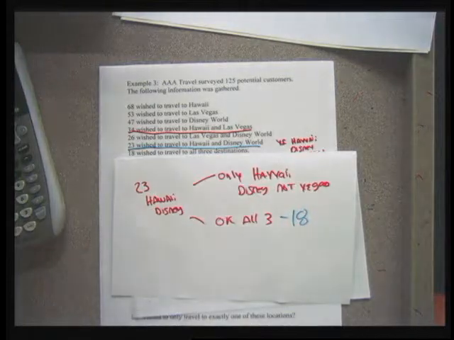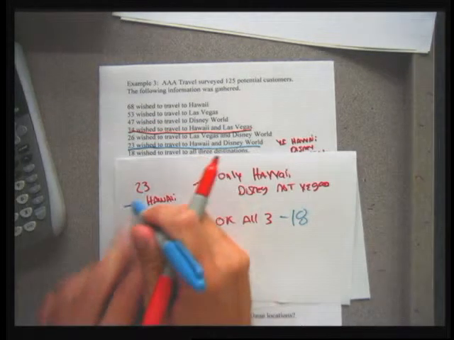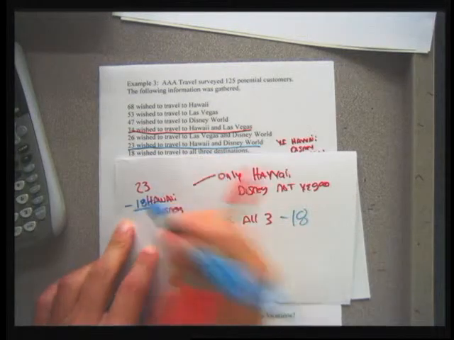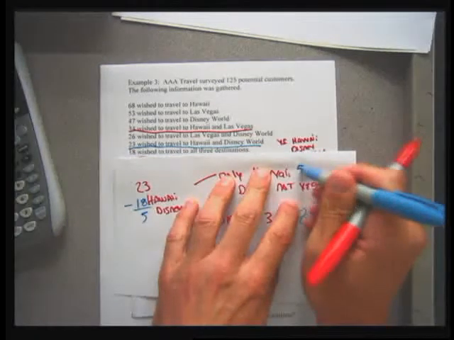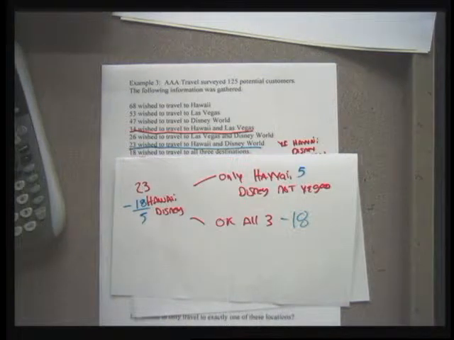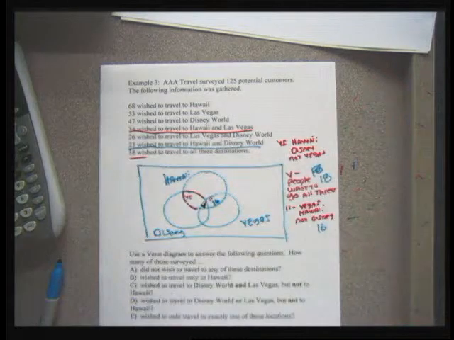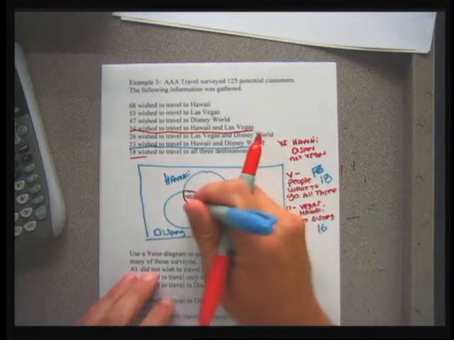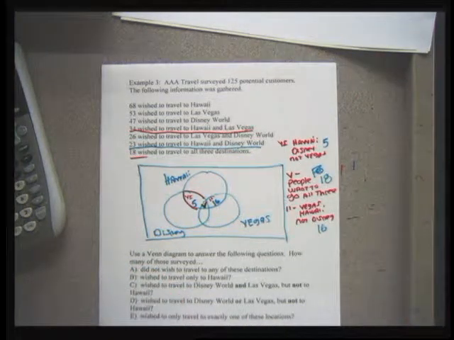So of the 23 that were okay with going to Hawaii and Disney, 18 of them were okay with going to all three. 5 of them would not want to go to Vegas. And I get that by taking the 23 that were okay with going to exactly 2 or all 3 of the places and subtracting. So there's only 5 people, and 5 is not a number anywhere on the list, that would only go to Hawaii and Disney and not Vegas. So region 6 stands for these 5 people that would go to Hawaii and Disney and not Vegas.